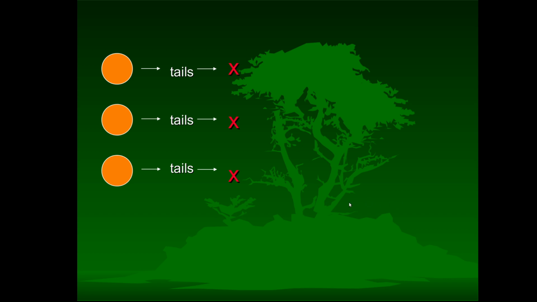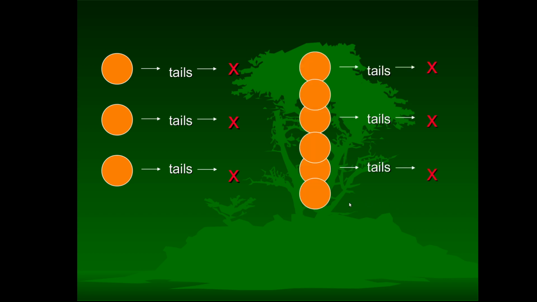If there are 10 individuals in the population, the chance of getting 10 tails in 10 coin flips is 1 in 1,024. Much smaller, but still not zero. So as you can imagine, the probability of extinction in one generation gets infinitesimally small as the population size increases.